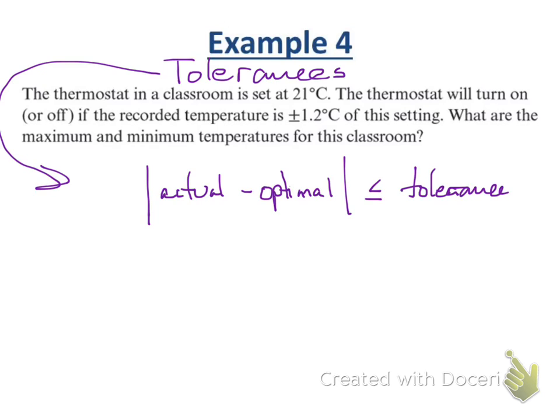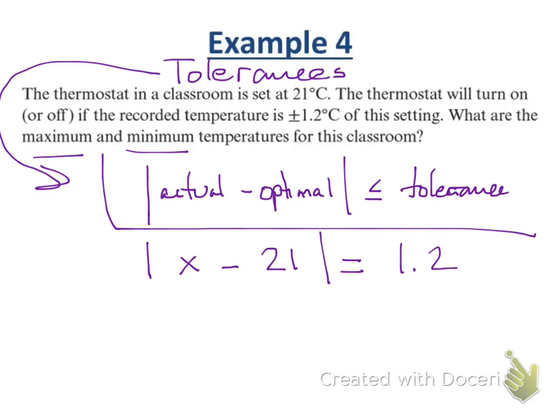Here our tolerance is 1.2, the optimal is 21, and the actual temperature is x. Because we want the maximum and minimum, we're not worried about all the things in between, so we can just set it equal to 1.2. That's how absolute value comes into play.